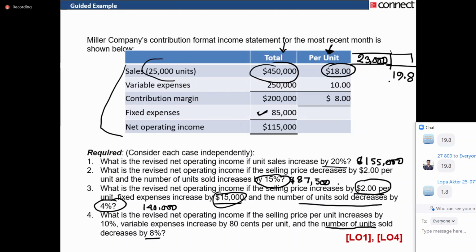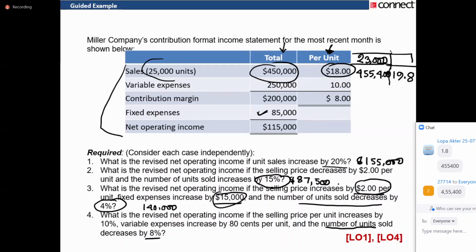Okay, so it will go up by $1.8. Lopa, you have written it correctly, that it will go up by $1.8 from the 18. So it will be 19.8 per unit. So if we multiply 23,000 unit sales by the revised selling price of $19.8 per unit, we will get how much? Sales of 455,400. So this is our total sales.